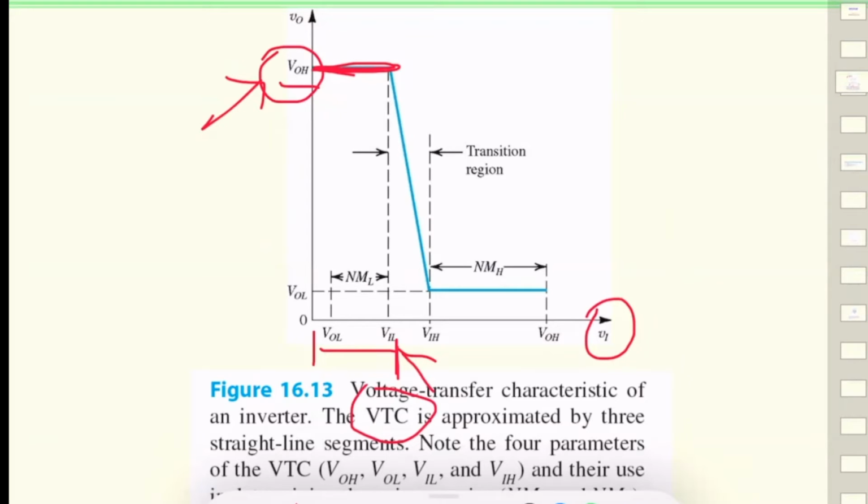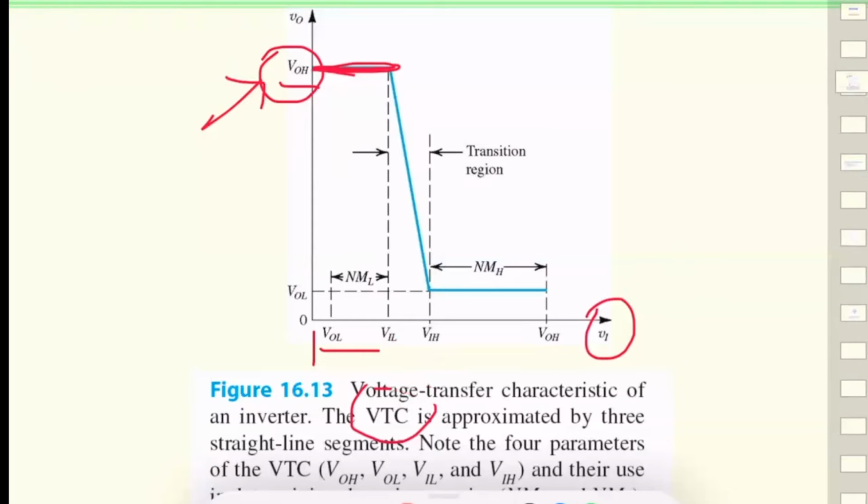But these have important implications when we are designing a digital circuit, or what is the operation of an inverter is the simplest. So we'll go to the other ones later on. So my high output does not depend on the exact input voltage, as long as it does not exceed this level, what we have denoted as VIL.